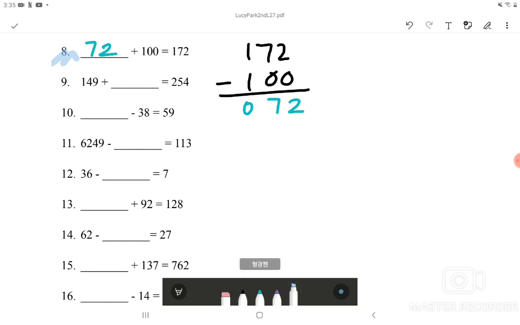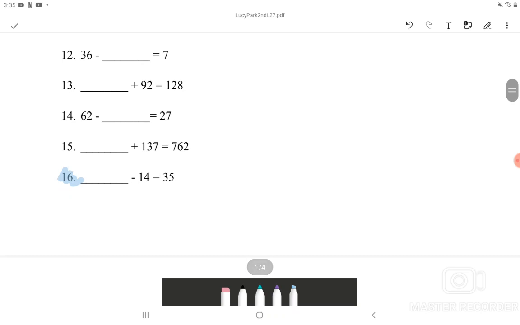The last question I will be doing is number 16. Number 16 says blank minus 14 is equal to 35. When you are doing these type of questions, you have to watch out for the signs, if it's minus or plus, because depending on the sign, the answer could change.